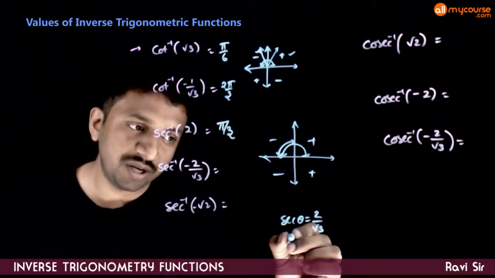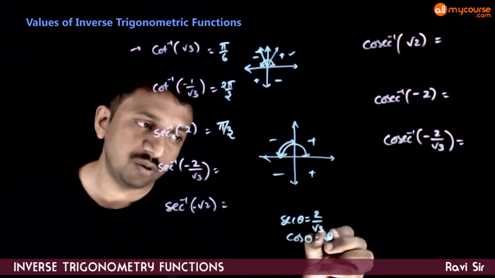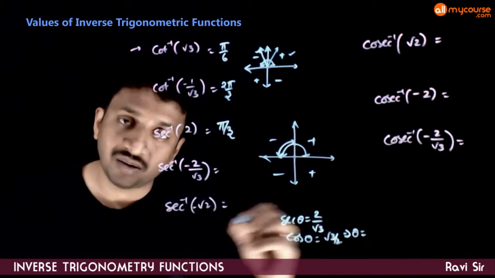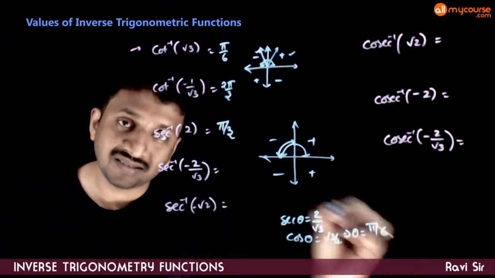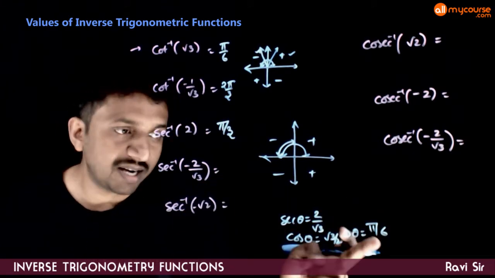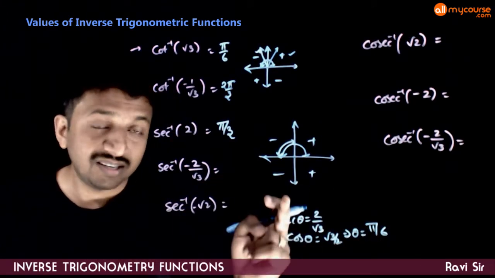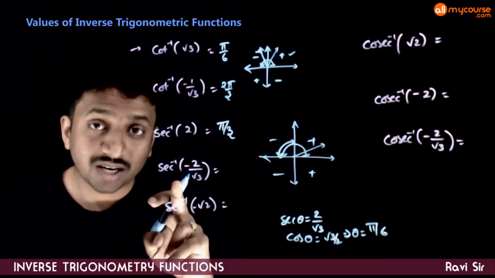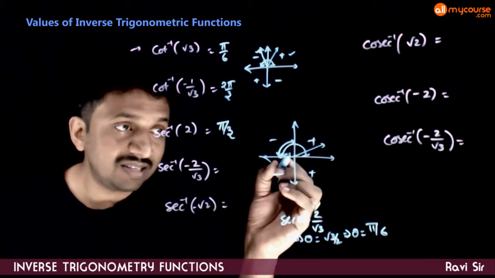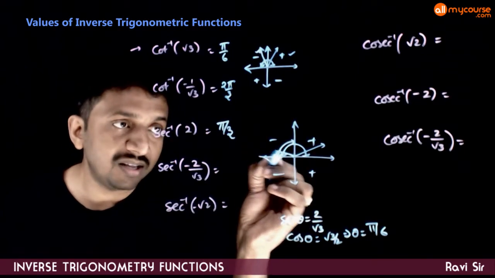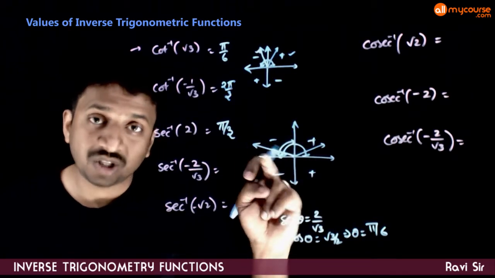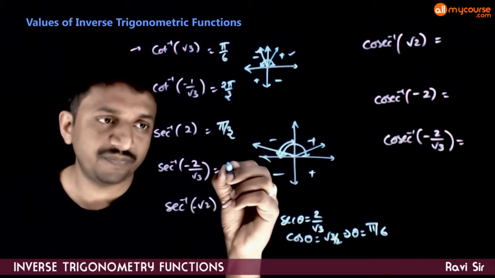If secant theta is 2 by root 3, cos theta has to be root 3 by 2, which implies theta is equal to pi by 6. So corresponding to pi by 6, secant theta is plus 2 by root 3. So corresponding to what value will secant theta be minus 2 by root 3? The allied position of pi by 6 is pi minus pi by 6.